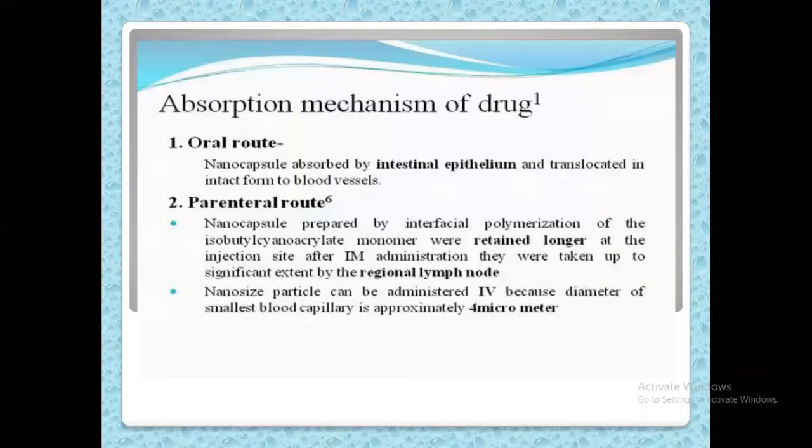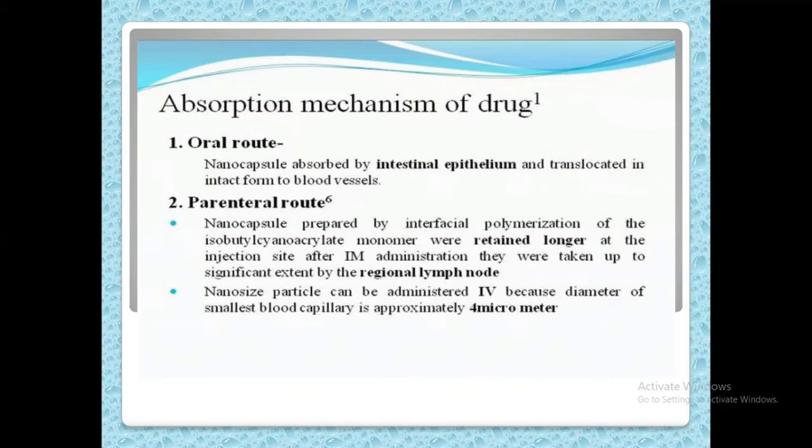Number one, the oral route. The nanocapsule is absorbed by the intestinal epithelium and translocated in intact form to the blood vessels. This oral route means you are taking a nanocapsule tablet directly through the oral route.